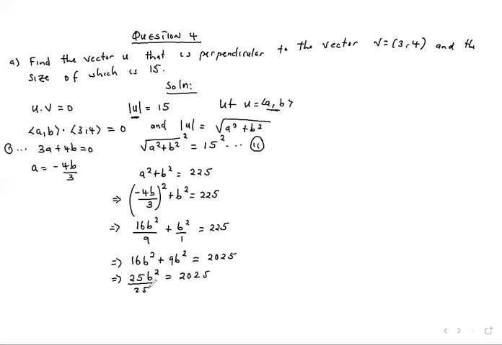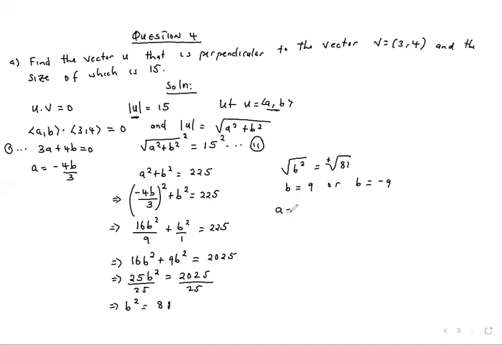Divide by 25, divide by 25. We'll get b squared is equal to 81. And so the square root of b squared is equal to the square root of 81. So b is equal to 9, or b is equal to -9. For that reason, we go back and get a now.